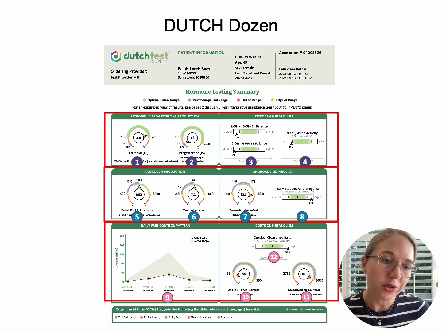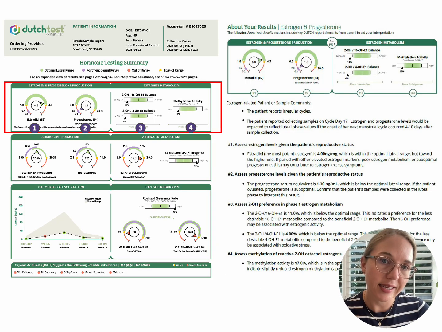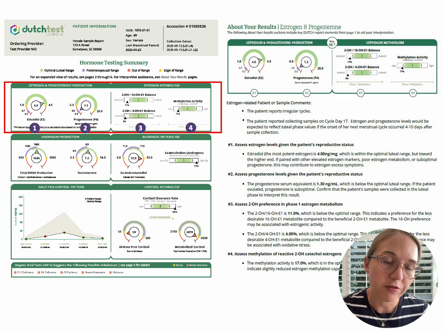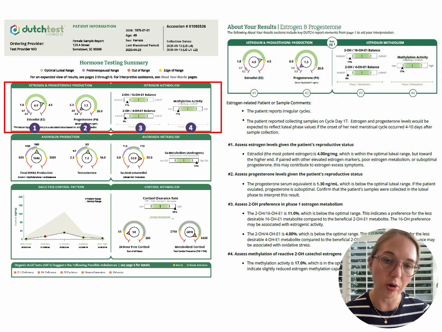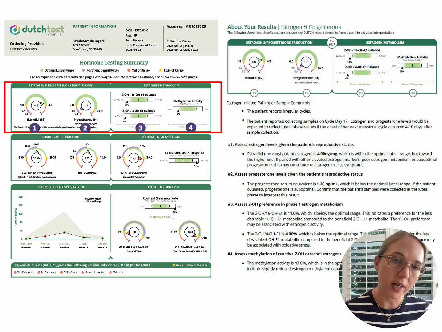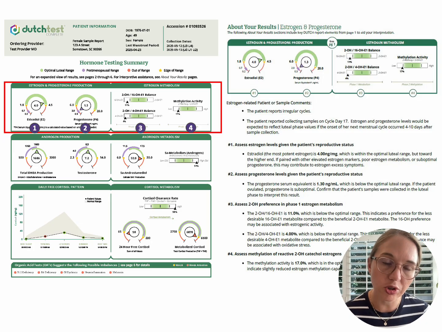If you look, as I mentioned earlier, at the About Your Results section of the report, this is the interpretive framework. How we interpret this section is that each key element in the hormone categories, 1 to 12, will be laid out in the About Your Results, each referencing each specific section.